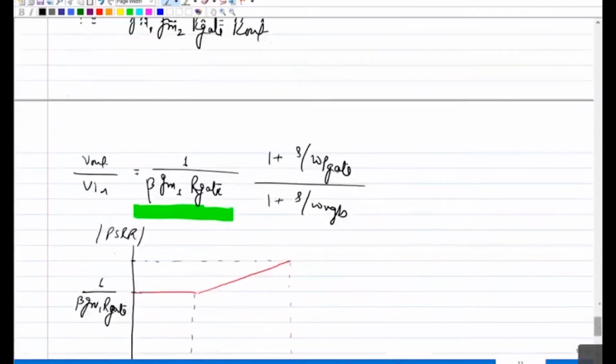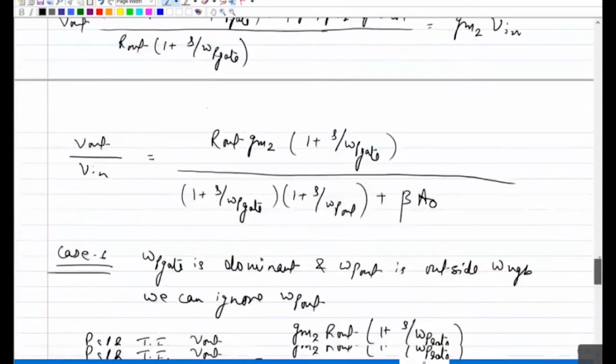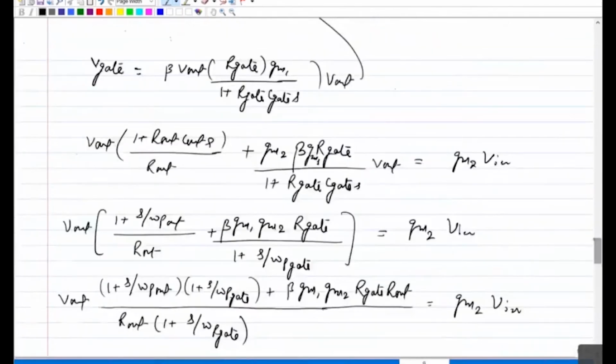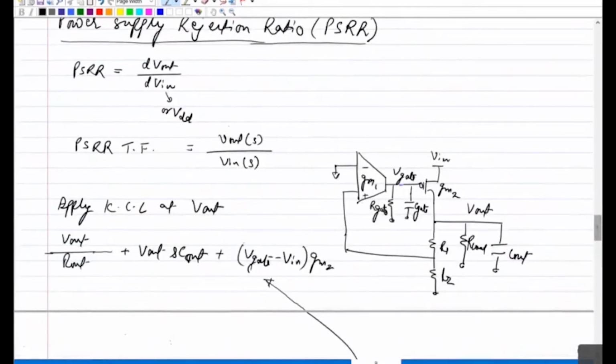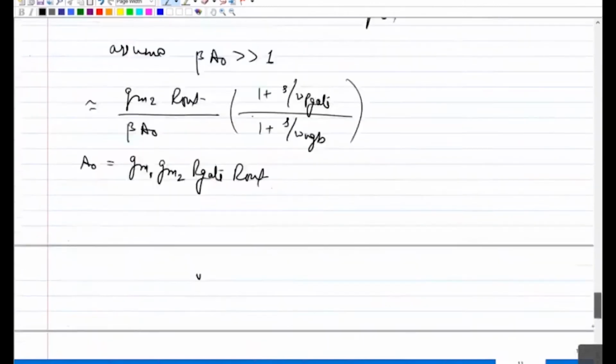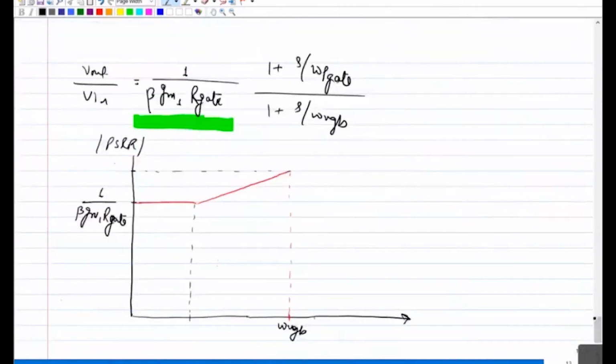So go back to your circuit. Beta A naught by beta GM1 R gate.